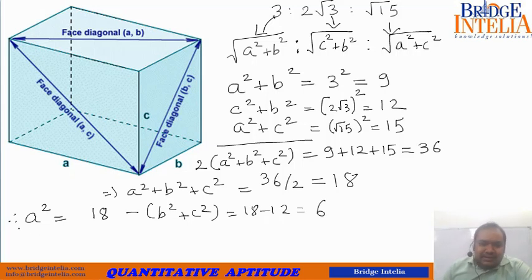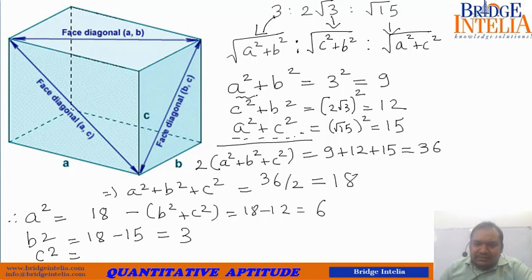Similarly, b square will be equal to what? 18 minus a square plus c square, this thing. So b square is equal to 18 minus 15, which must be equal to 3. Same logic, c square must be equal to 18 minus a square plus b square. So 18 minus 9 must be equal to 9.